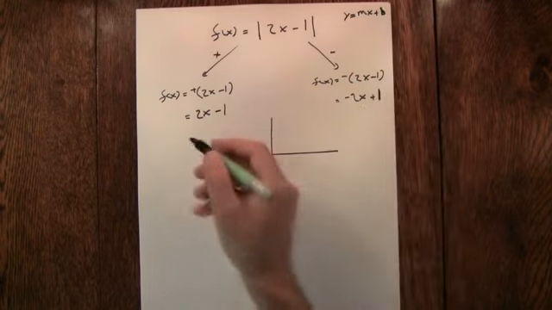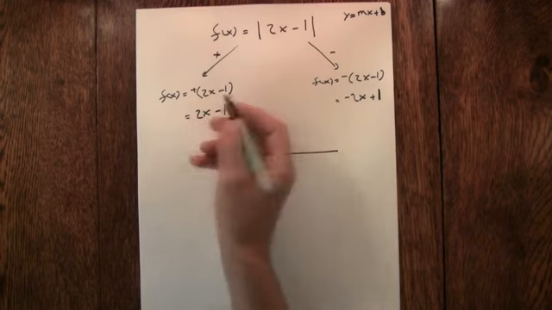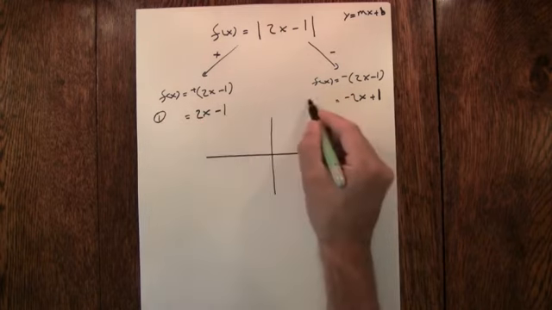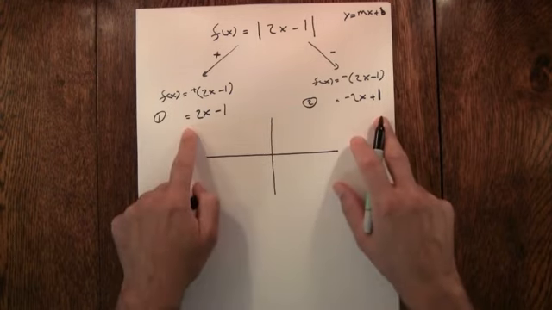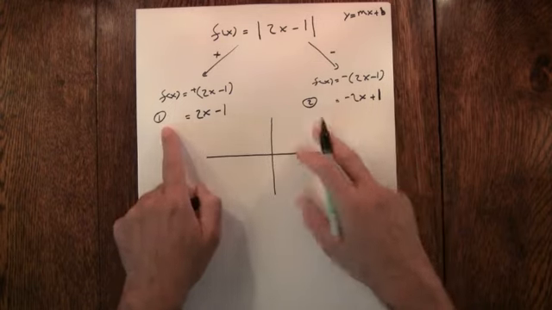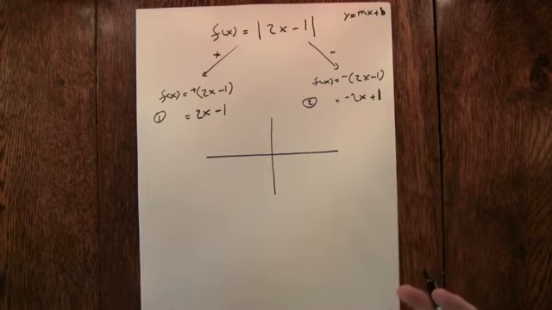So this is our first equation, and this is our second equation. Whenever you have more than one equation to deal with in a question, number them. That way you know which one you're dealing with.